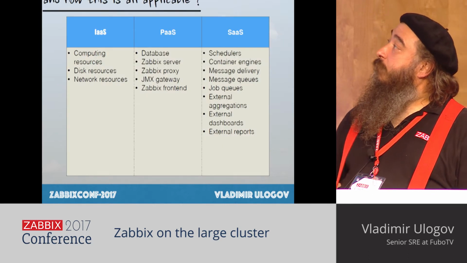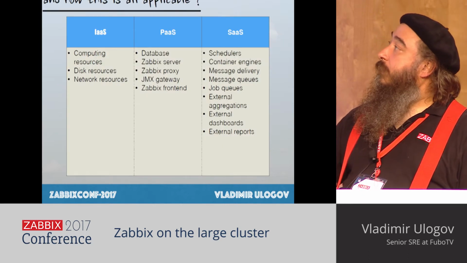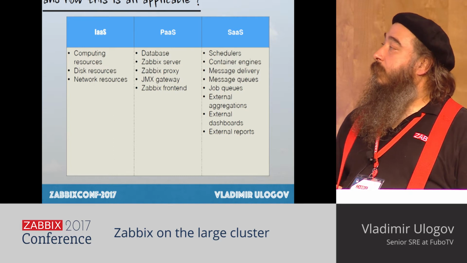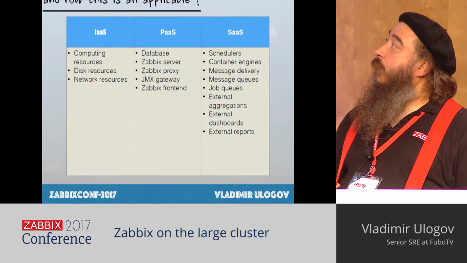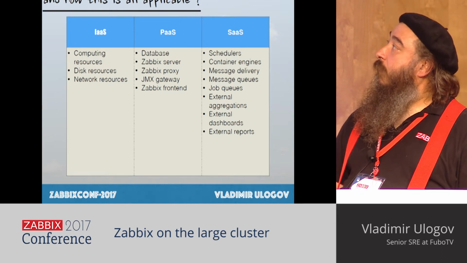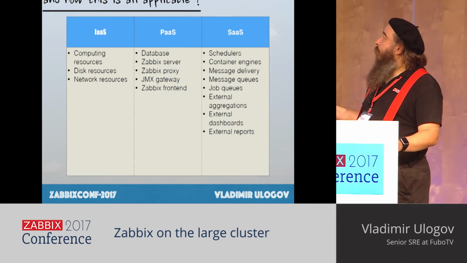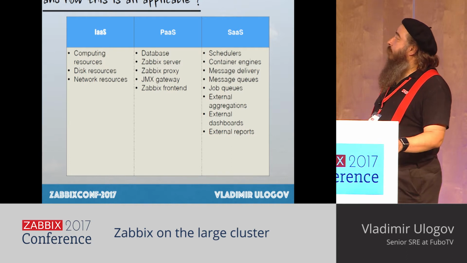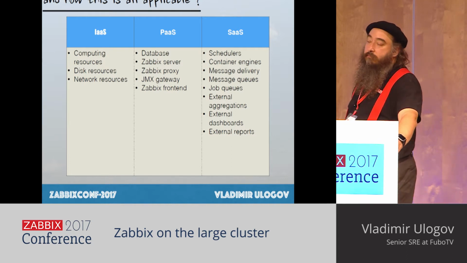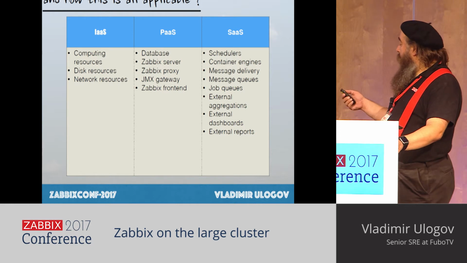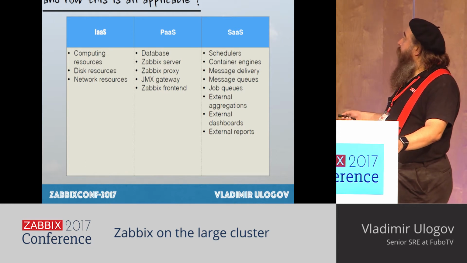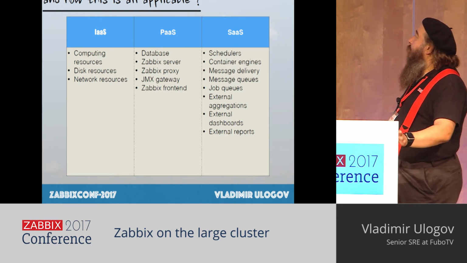And how is this applicable to Zabbix? Well, that's simple. IaaS covers your computing, disk, and network resources. Platform as a service, that's where you see familiar components: database, Zabbix server, proxy, frontends, JMX gateway. And the interesting thing starts here in the SaaS.